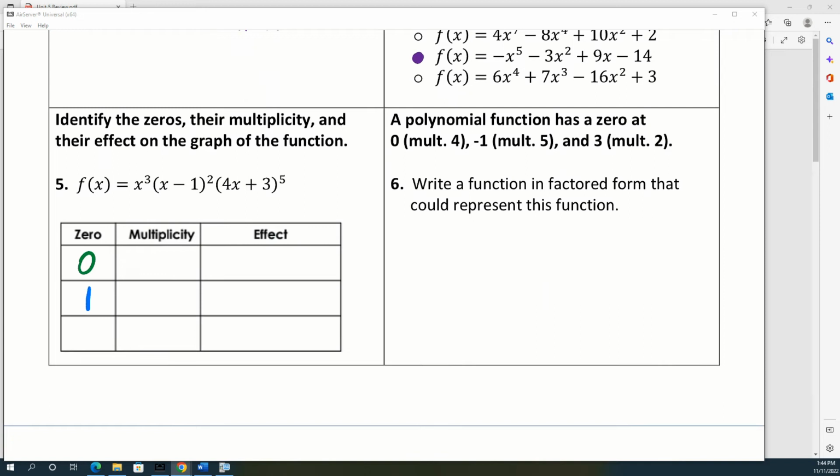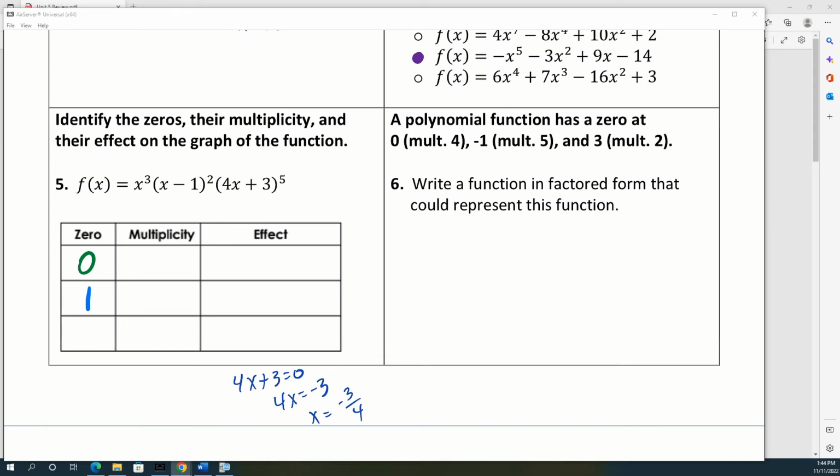All right, if I have a situation like this where there is a number in front of x, we can do one of 2 things. We can set it equal to 0 and solve for x by subtracting 3 and dividing by 4.